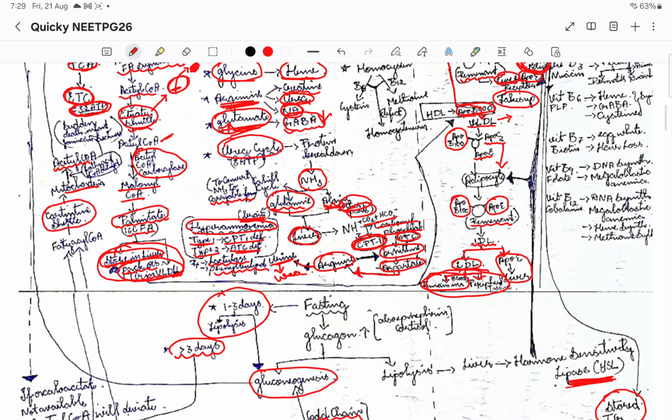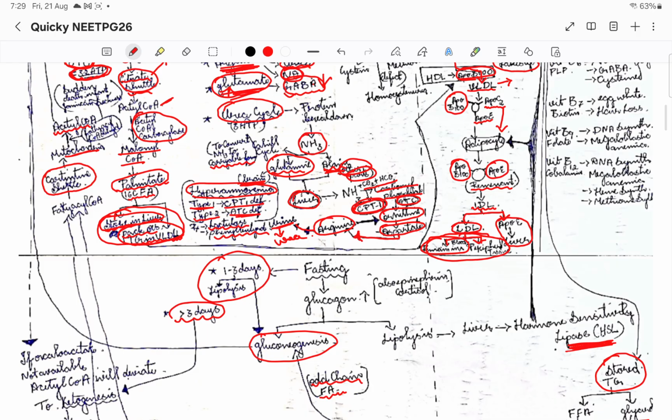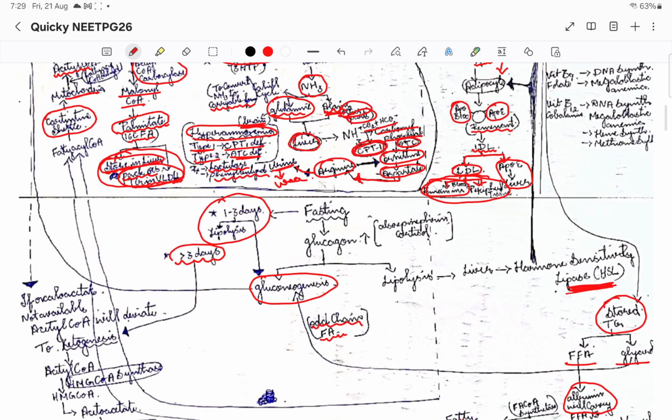Where did the oxaloacetate come from? It is coming from glucose only. Now the glucose is not there inside the body, all the gluconeogenesis also I have utilized. Where will the body get its oxaloacetate from? Nothing is there, right?